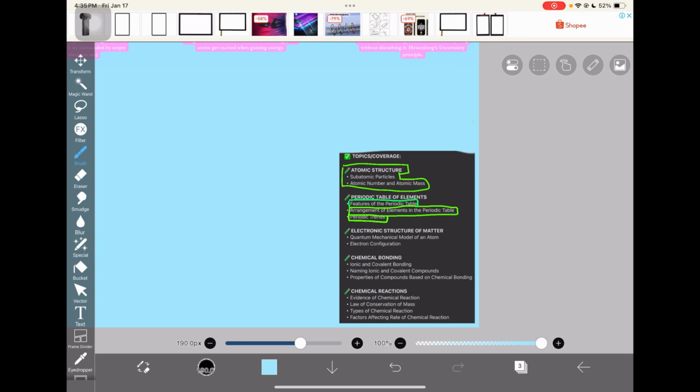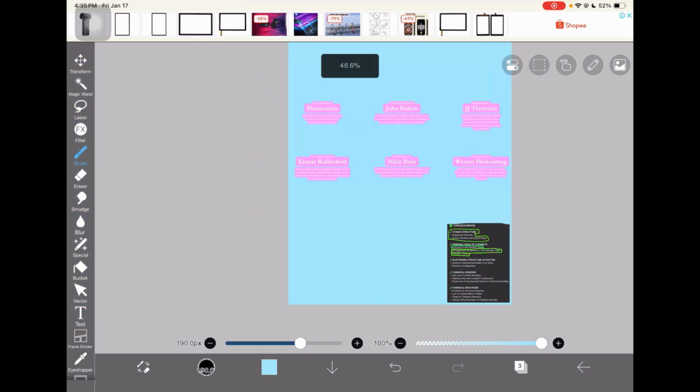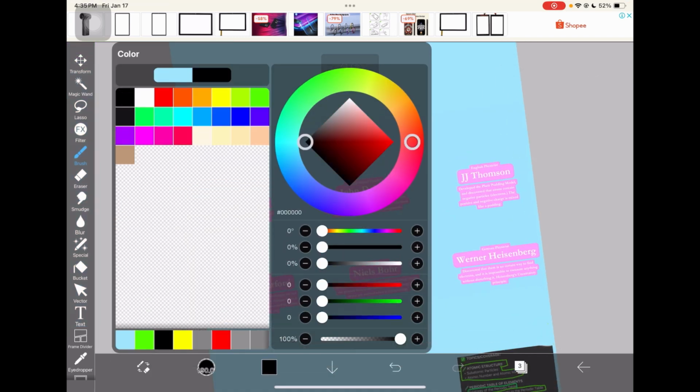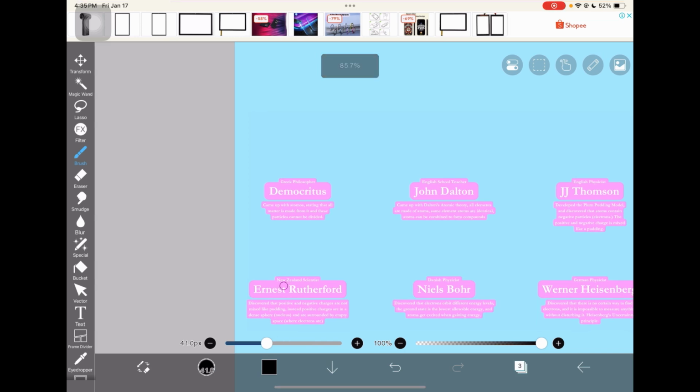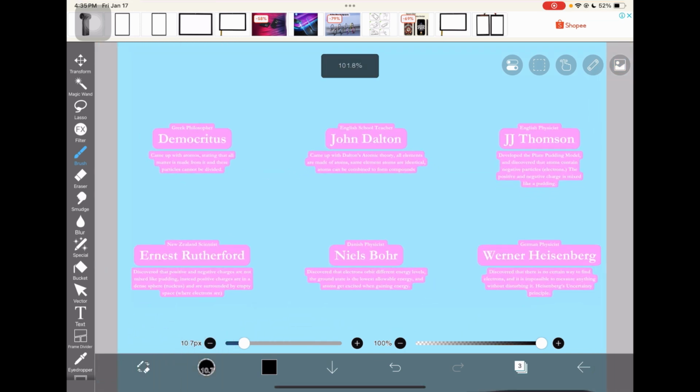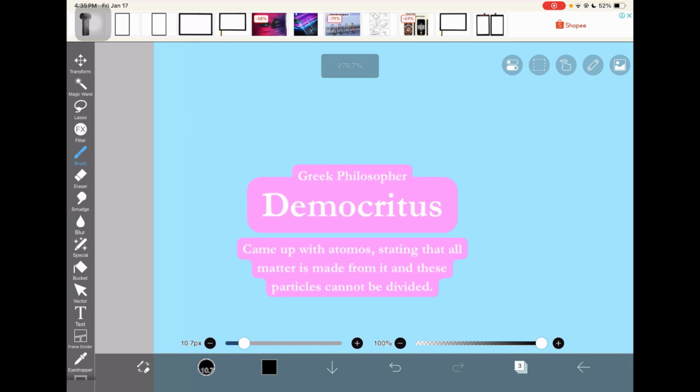Okay, so this is going to be the next topic, and it's the quantum mechanical model of an atom. But first, how did we get to the atom we know today? Actually, these people are the reason why we know the atom how we know it today. So the first one is the Greek philosopher Democritus.